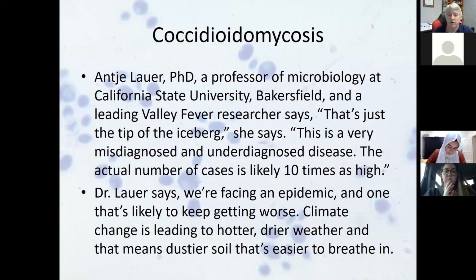Dr. Laura, the professor of micro at Cal State Bakersfield, says valley fever is just the tip of the iceberg, trying to sound the warning that it's misdiagnosed and underdiagnosed, and the actual cases may be 10 times higher. So we could be looking at 50,000 cases of valley fever instead of 5,000 a year. Hotter climate, more people moving to the area.